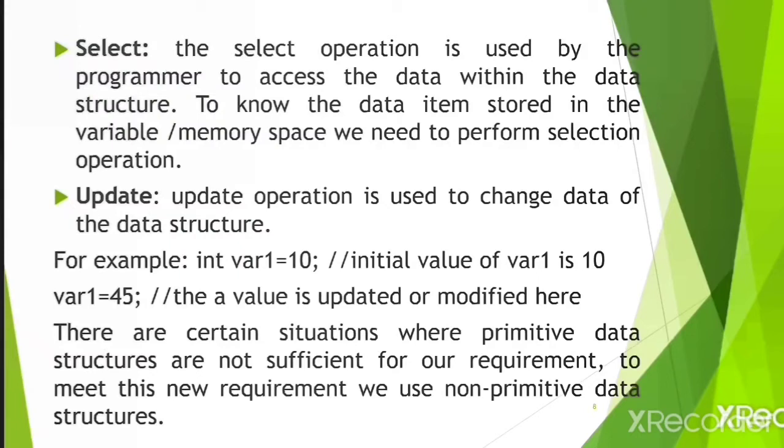There are many applications where we are going to work with a set of data items, a group of data items or a collection of data items. In that scenario, these primitive data structures will not help. So to meet this new requirement, we use other data structures, and we call them non-primitive data structures.